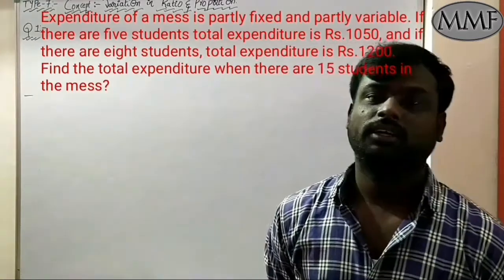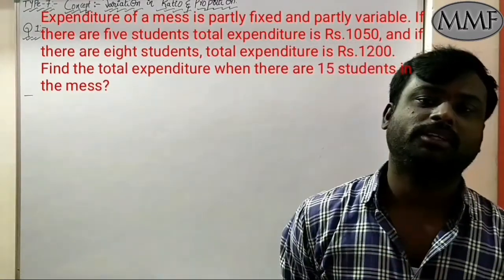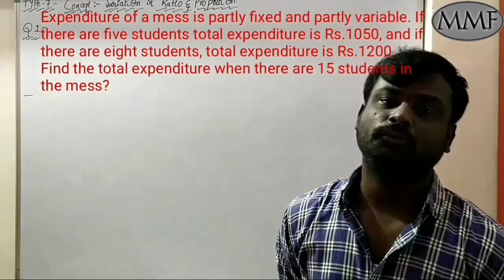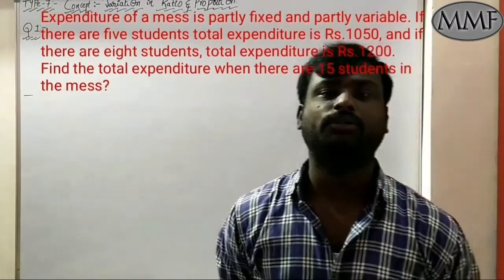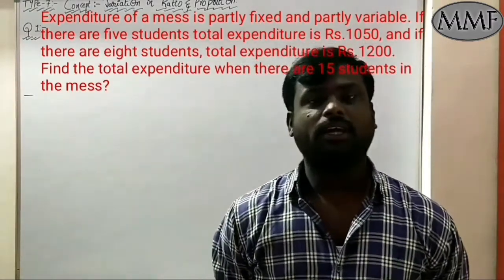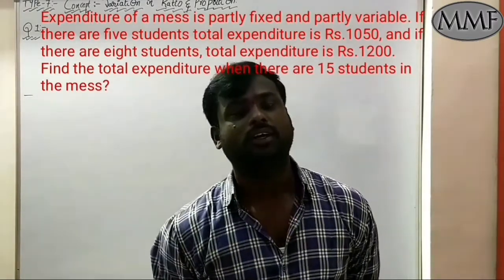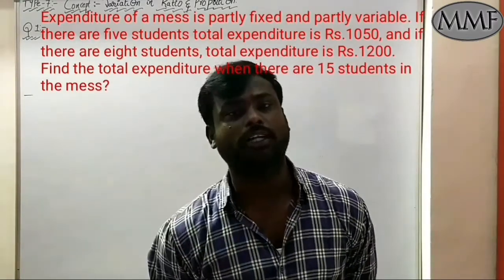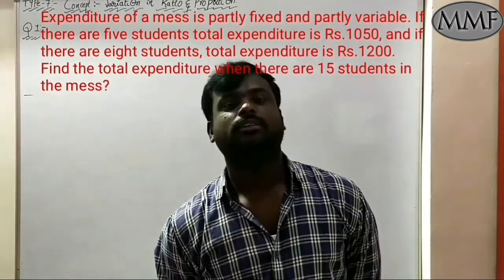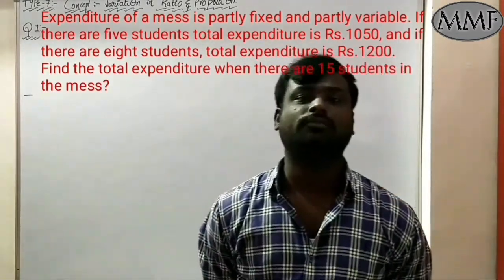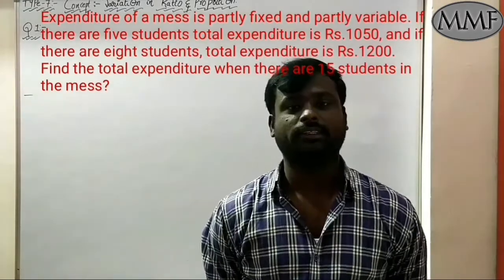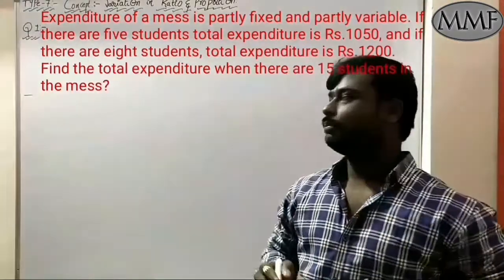The expenditure of a mess is partially fixed and partially variable. If there are 5 students, the total expenditure is 1050. If there are 8 students, the total expenditure is 1200. Then what is the average expenditure of the mess when 15 students are there? Clear? Once again I will repeat the question.